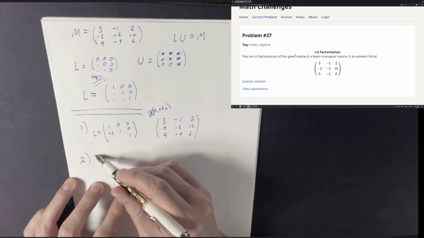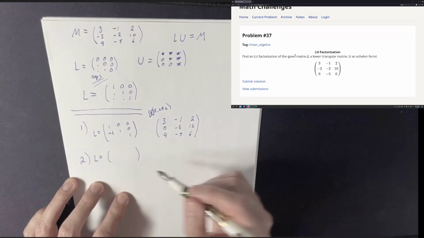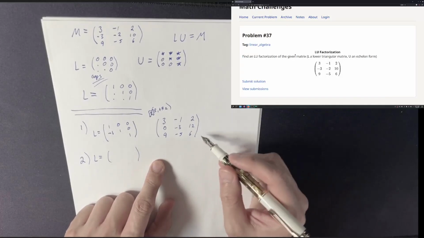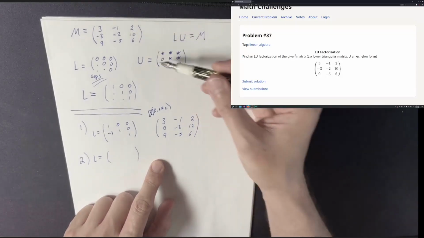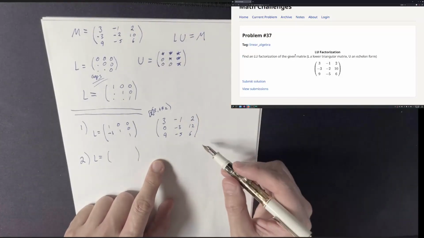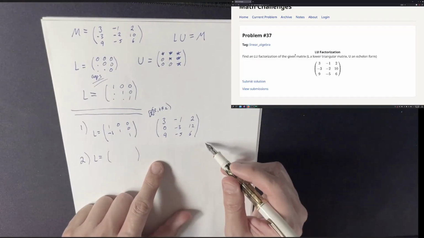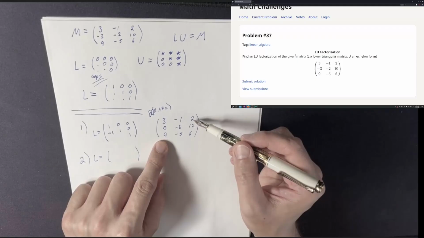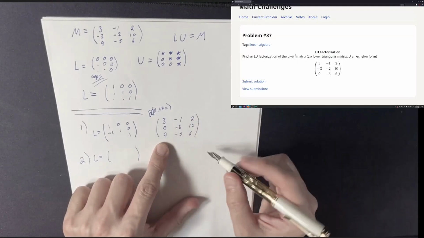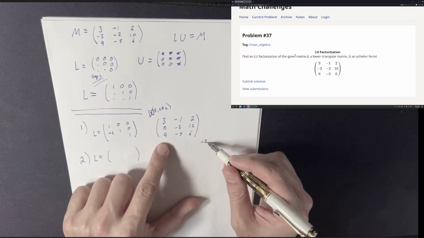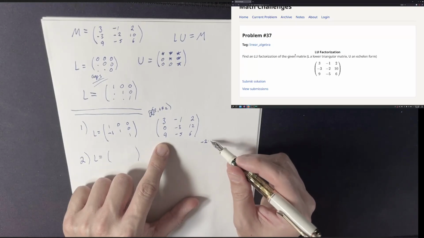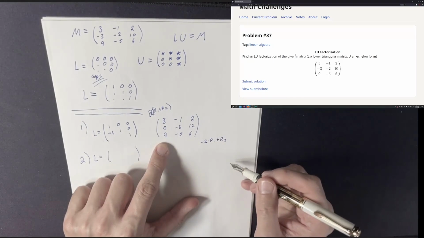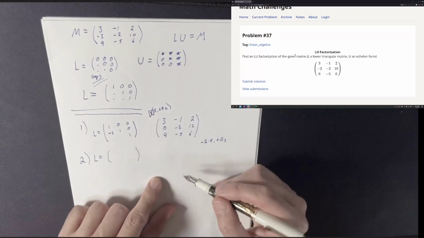Step 2. I can actually see it already, but we'll do it first. The operation I'm going to do to M to make it look more like U is, if I double row 1 and then I'm subtracting, so -2 times row 1 and add it to row 3, this is the second step now.